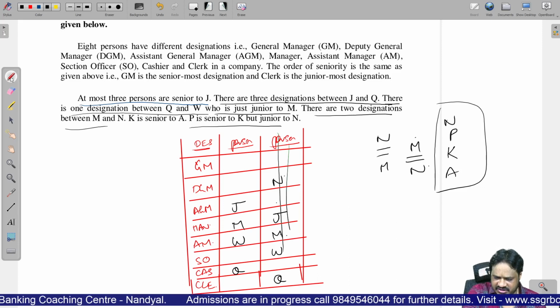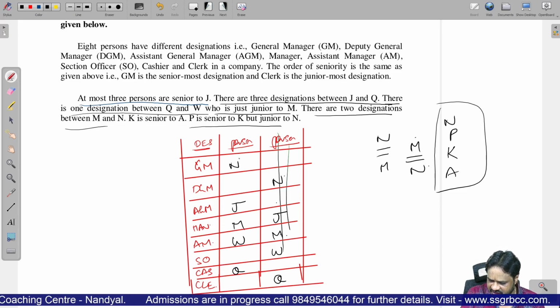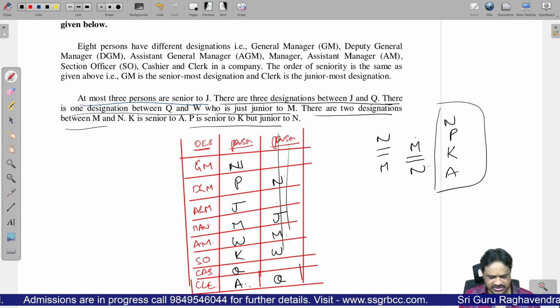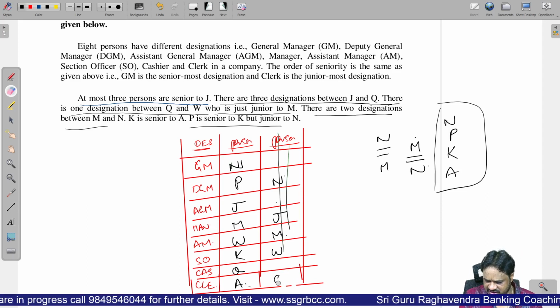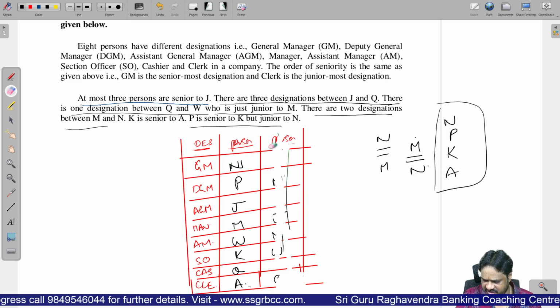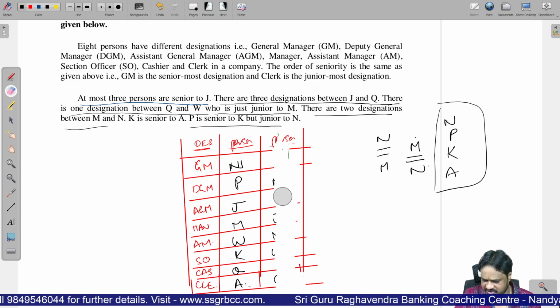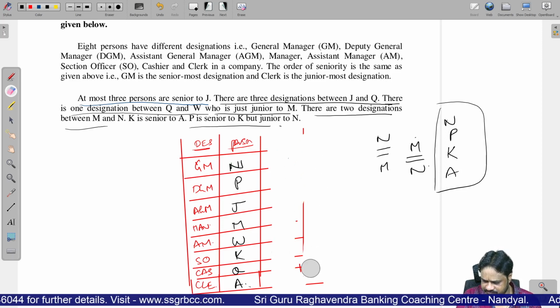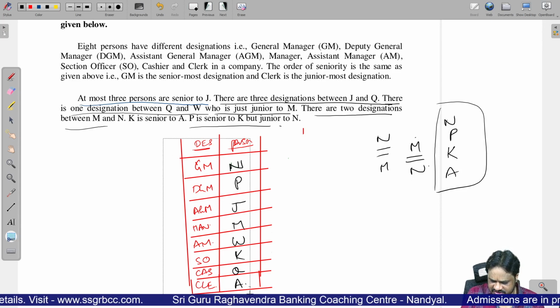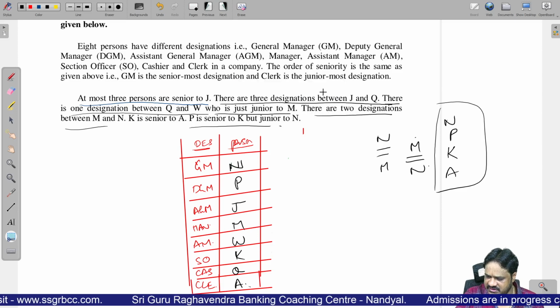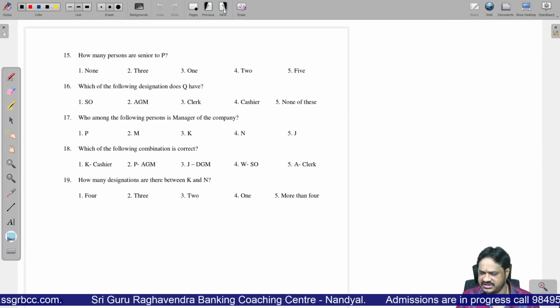Now in the first case, this can be N, P, K, A. So this is the correct arrangement. Now based on this, we should answer the given questions. Let us see the first question.